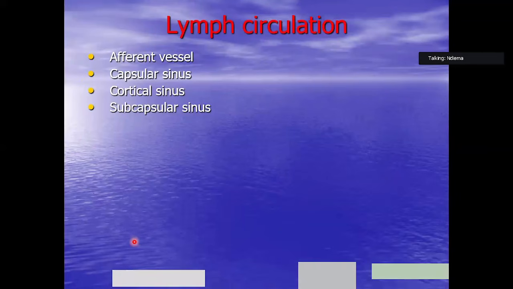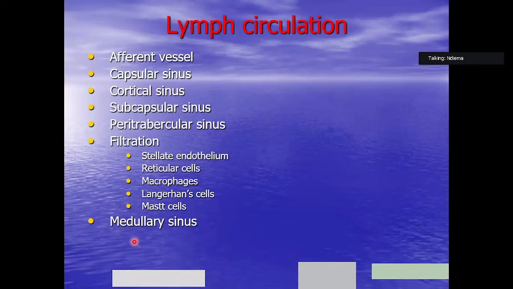And for the lymph, it enters as afferent lymphatic vessel, which breaks down to capsular sinuses. The capsular sinuses form cortical sinuses, which form subcortical sinus, and subcortical sinus form peritrabecular sinuses. From the peritrabecular sinuses, we have a very large filtration zone.